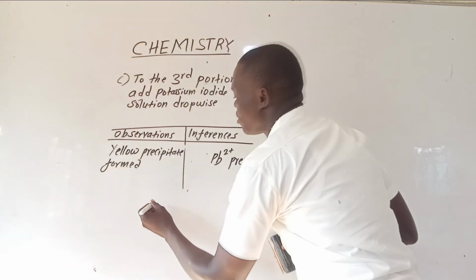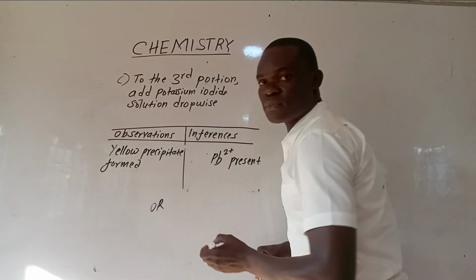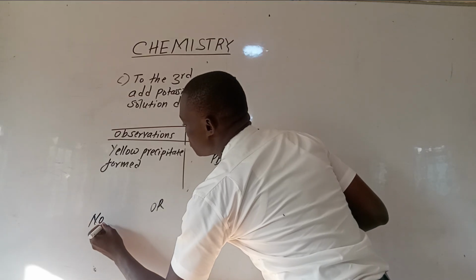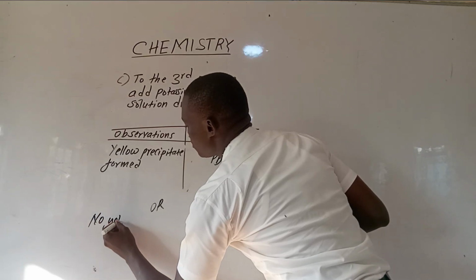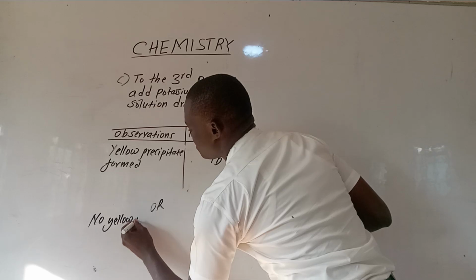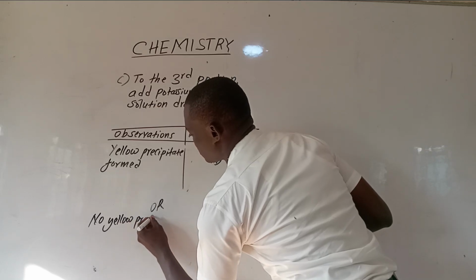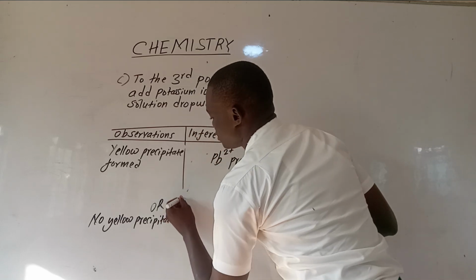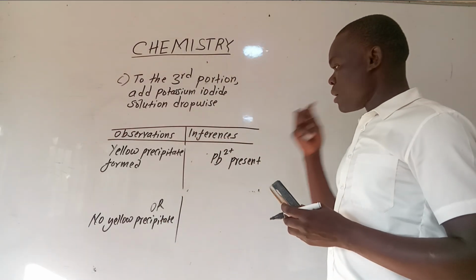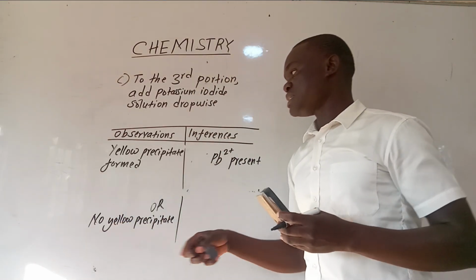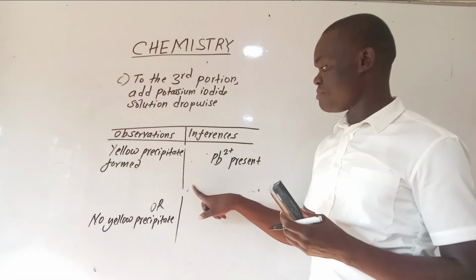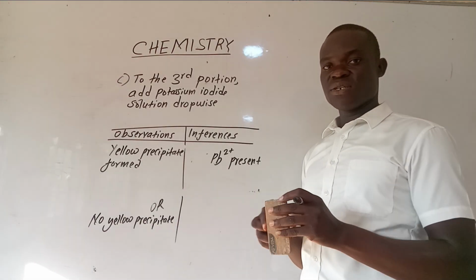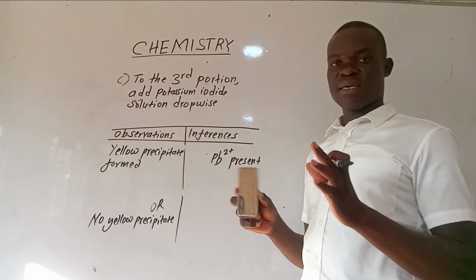So when you say no yellow precipitate, I say in chemistry qualitative analysis, what you know has not happened, just reject.